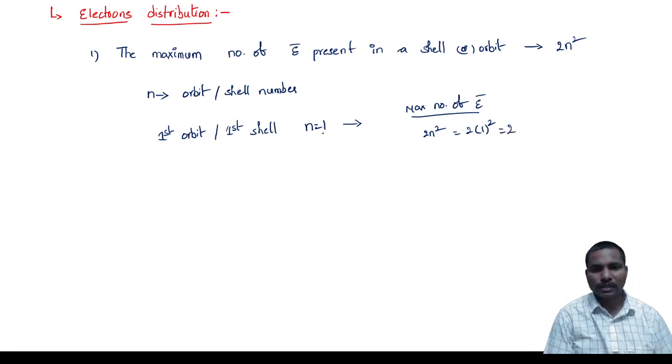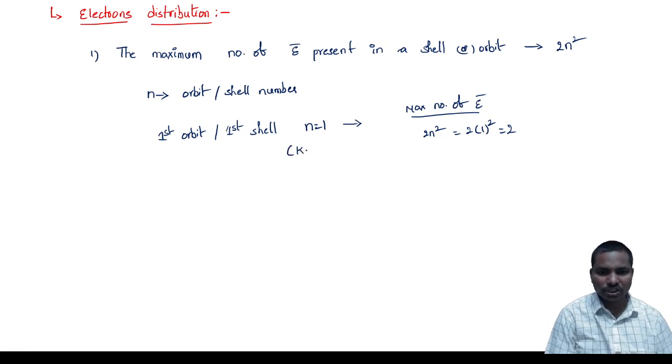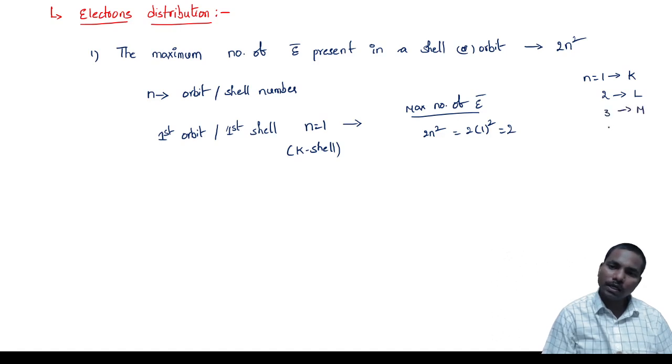N is equal to 1 means K shell, n is equal to 2 means L shell, n is equal to 3 means M shell, n is equal to 4 means N shell.